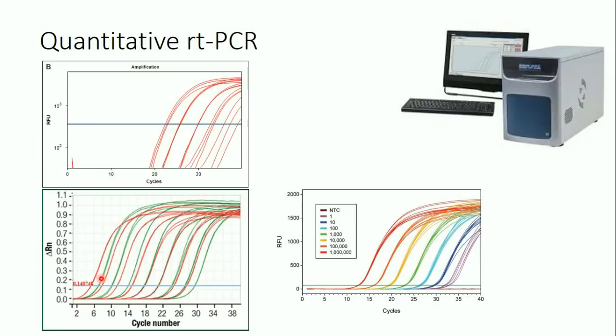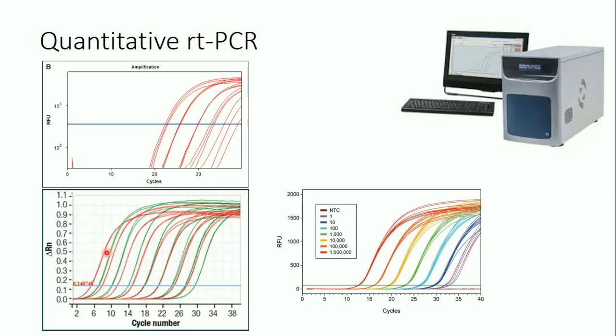So the curve which crosses the threshold line first is the sample which had the higher amount of DNA at the beginning of the PCR, and the sample which crossed the line lately is the sample which had the least amount of DNA at the beginning of the PCR.